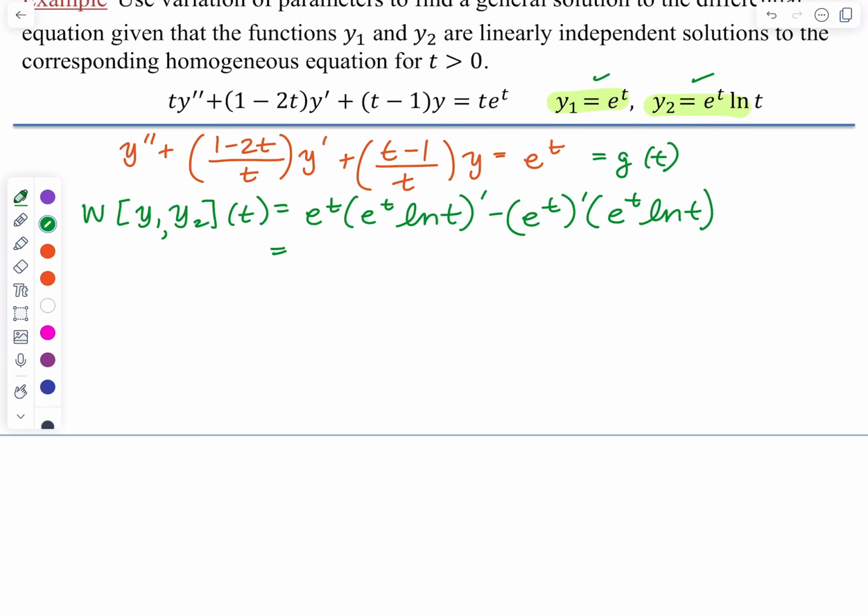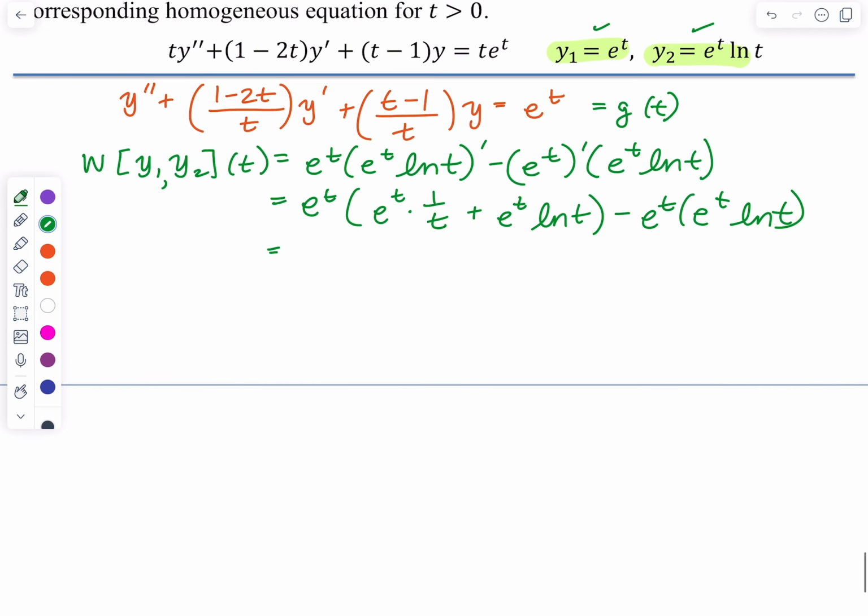So we have e to the t multiplied by, and that's just equal to 1 over t e to the 2t.